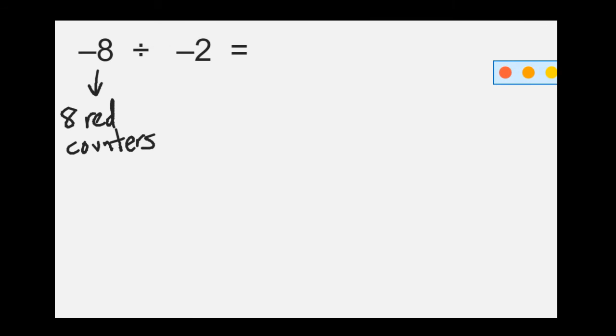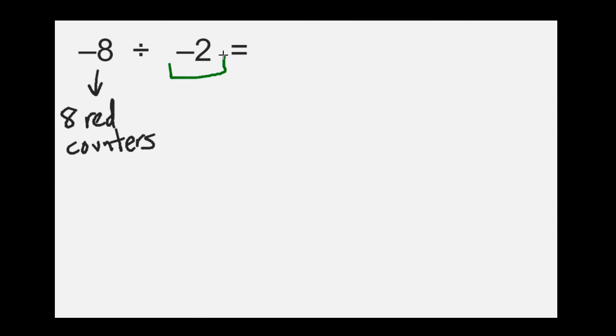So now what we're going to do, our last model for this video, is we're going to model -8 divided by -2. So our -8 is going to tell us that we need to have 8 red counters. And then our -2 means 2 different things here.